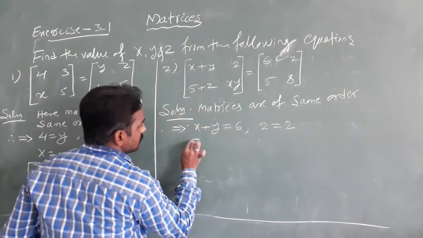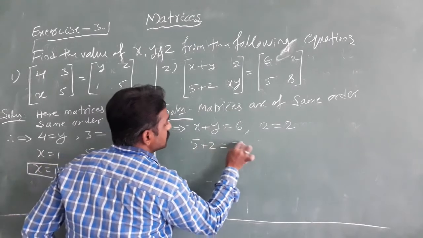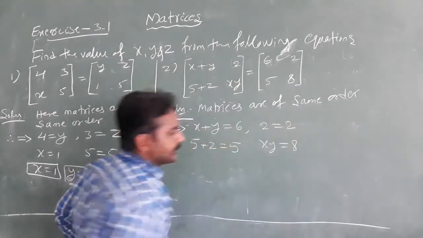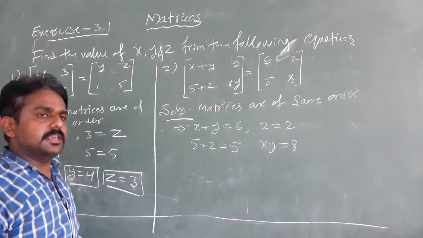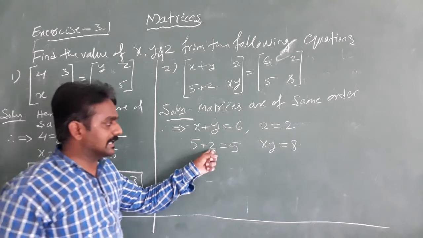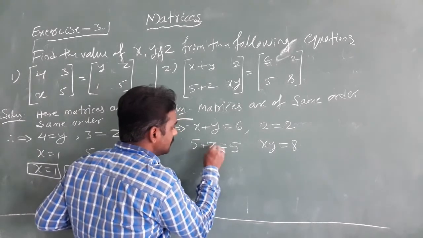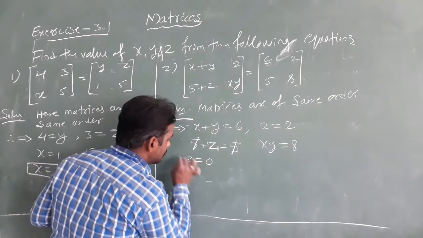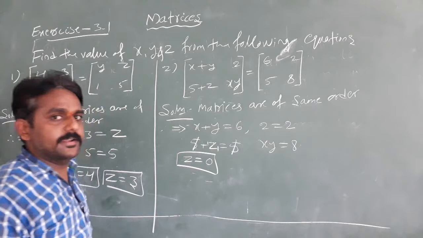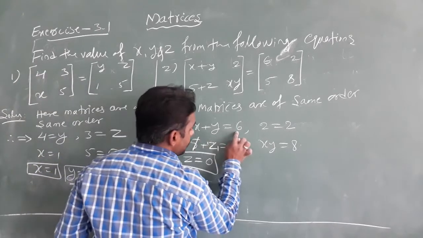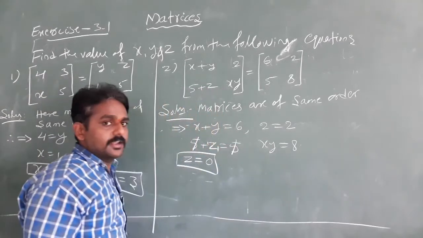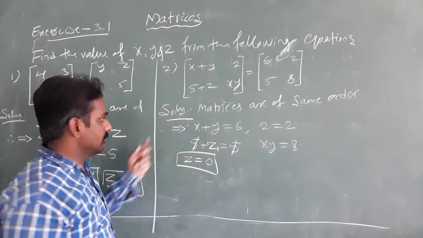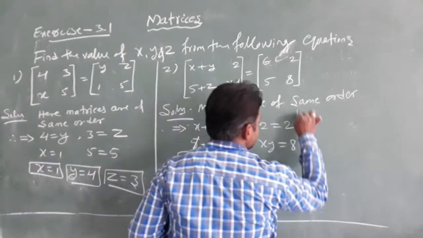Next 5 plus z equals 5 and xy equals 8. Here one value is easy to find, that is z. Here 5 and 5 get cancelled. You will get z equal to 0. One value found here. So from x plus y equal to 6 and xy equal to 8, you are going to find first either x or y.